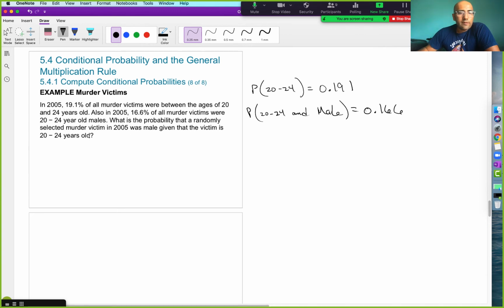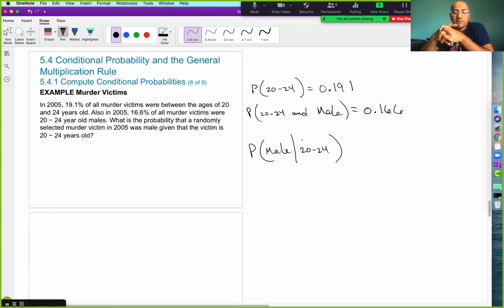What is the probability that a randomly selected murder victim in 2005 was male, given that the victim was 20 to 24 years old? That's what we want to know. Interpret what this means.